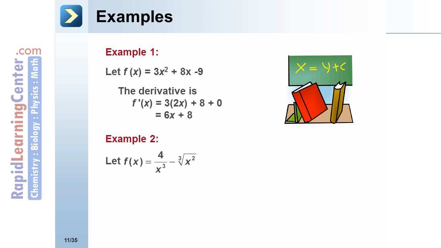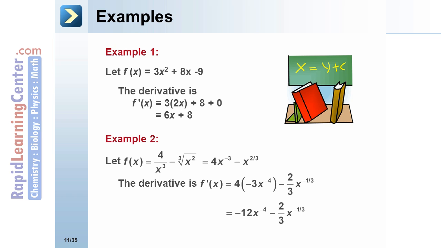Example 2. Let f of x equal 4 divided by x cubed minus the cube root of x squared. In this case, we can rewrite it as 4x to the negative 3 minus x to the 2/3. We now take the derivative of each individual piece, and we get 4 times negative 3x to the negative 4 minus 2/3 times x to the negative 1/3.